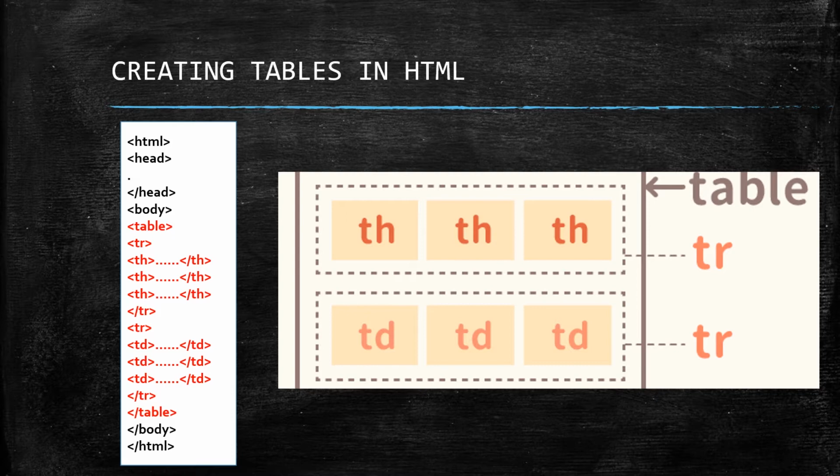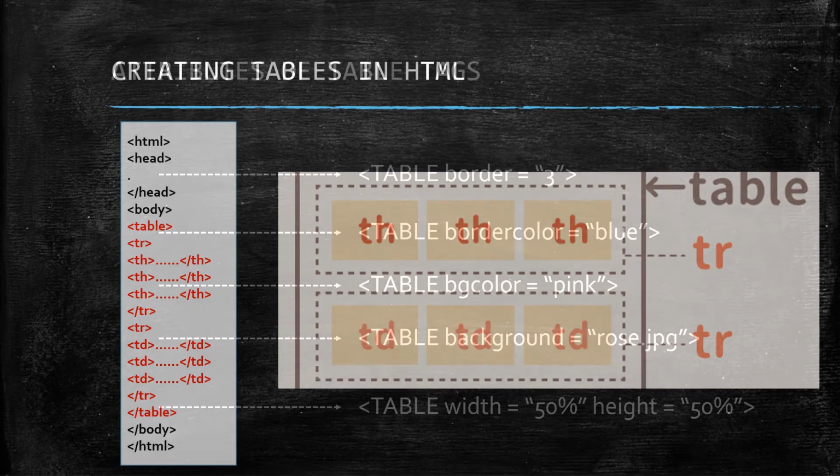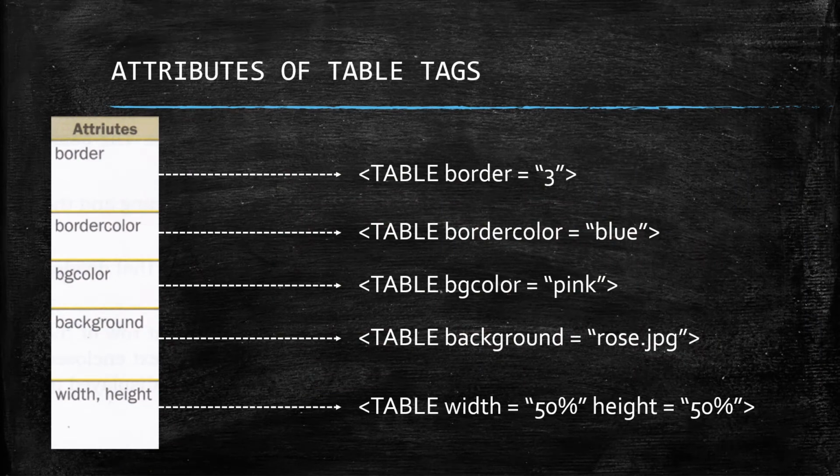In the first row we have used the th tag in order to define the headings. 3 th tags are there, and then we have closed the tr tag, and then we have opened another tr tag in order to define the second row, and then we have 3 cells using the td tag, and then we have closed the tr tag, and then we have closed the table as well. That is the basic tags of creating a table.